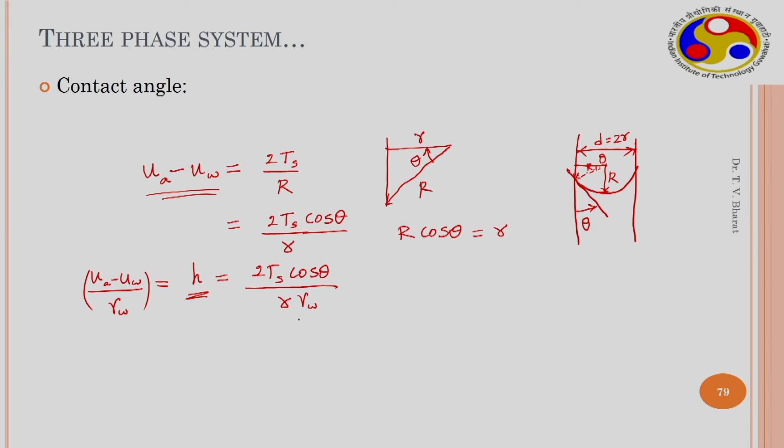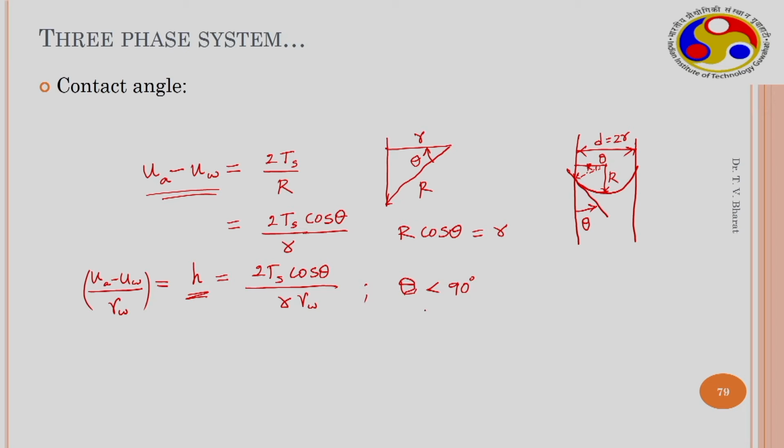Here h is positive if theta is less than 90 degrees. h is negative if theta is more than 90 degrees, which means there is a depression. This can be directly understood: what is the capillary rise or capillary depression that takes place if the contact angle is changing?